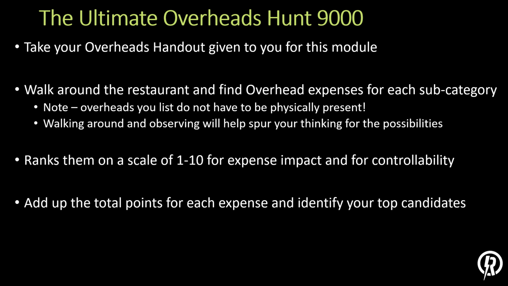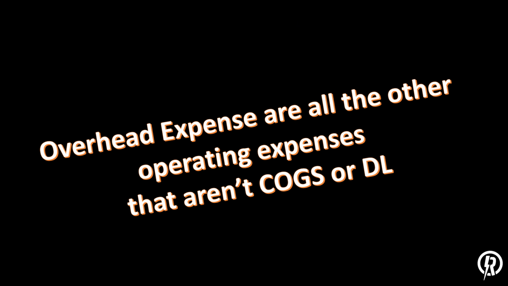We want you to be telling us ways that we can make this business run more efficiently, better, waste less, and be more profitable by creating more good profit. Okay? When you're done, you're going to take that sheet, you're going to discuss it with your mentor and see what you learned and get some feedback. All right, and then, oh, by the way, please remember, overhead expenses are all the other operating expenses that are not cost of goods or direct labor.